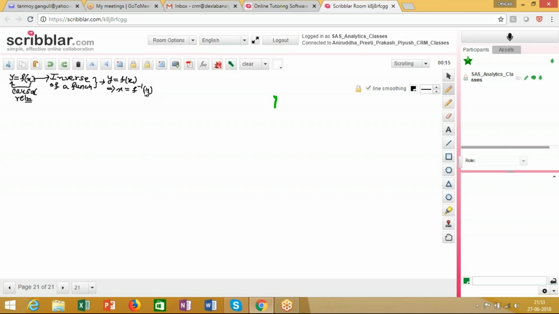So what is that value of x which solves for a given value of y?